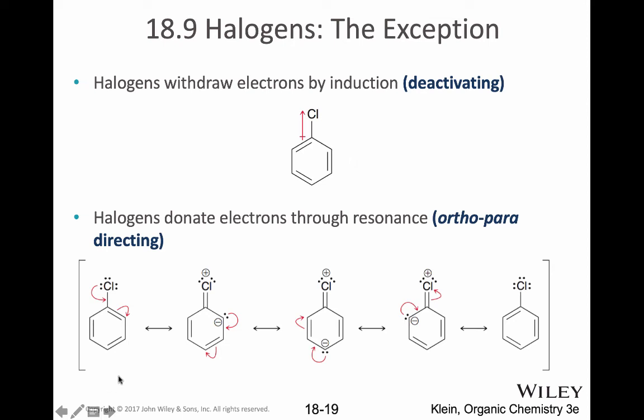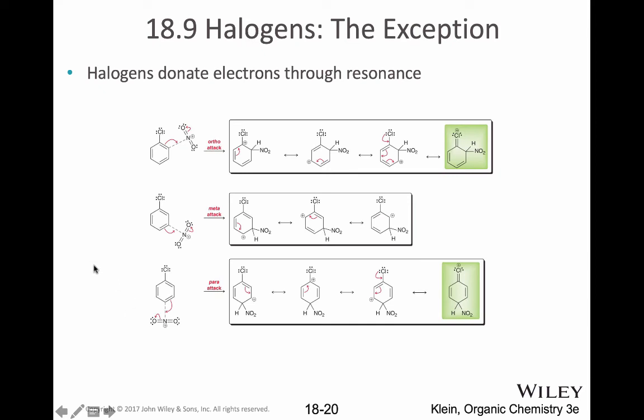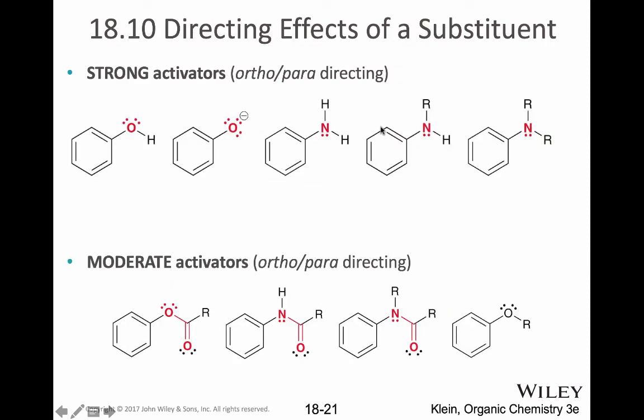So making the sigma complex is harder in any case. But once you make the sigma complex, the halogen starts to act as an electron donating group. And so you end up with a fourth resonance structure for both the ortho and the para intermediates. Because you end up with these four resonance structures, the ortho and the para intermediates are more stable.